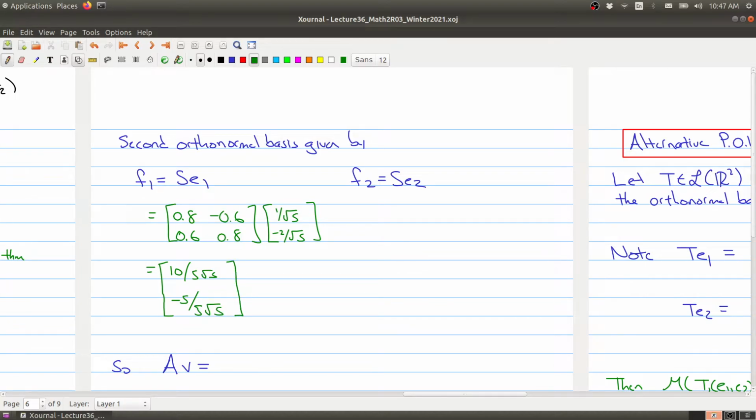Now, I'm not doing this in my head. I calculated this all out using Octave and double checking myself. So if you don't see how I went from here to here, it's because I did it on paper beforehand. And so we compute this matrix.